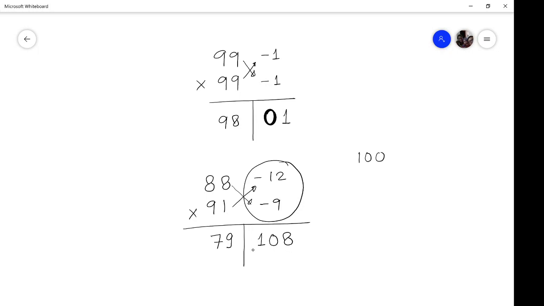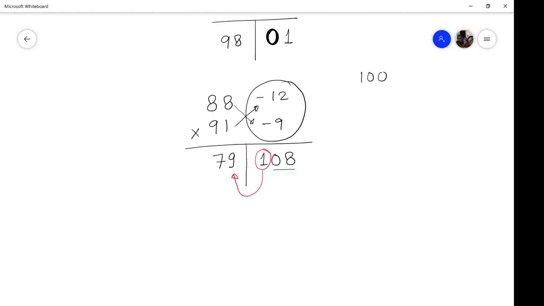But on the right hand side you can have only 2 digits, up to the tens place, no hundreds. So this 1 will come here, and you have to add it. 79 plus 1 is 80, so the final answer is 8008.